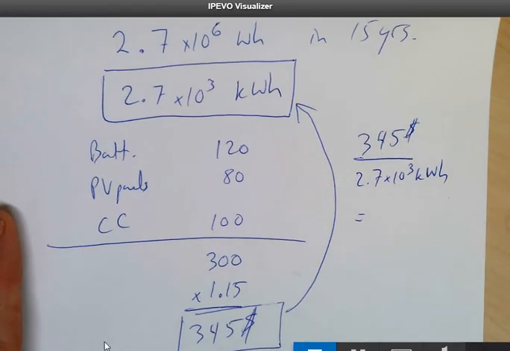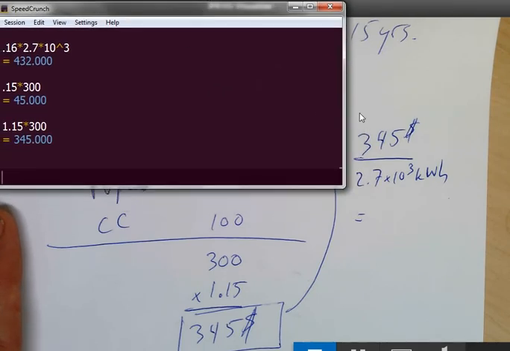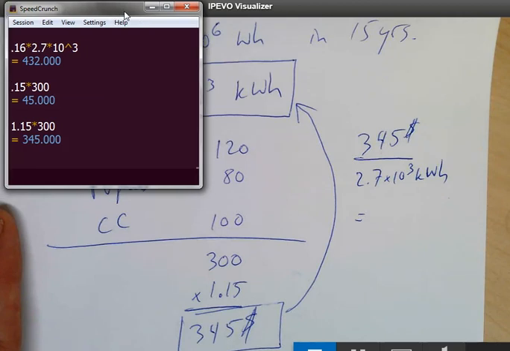So when I put this all together, I'm going to do, oopsies, let's see here. All right, that looks better.